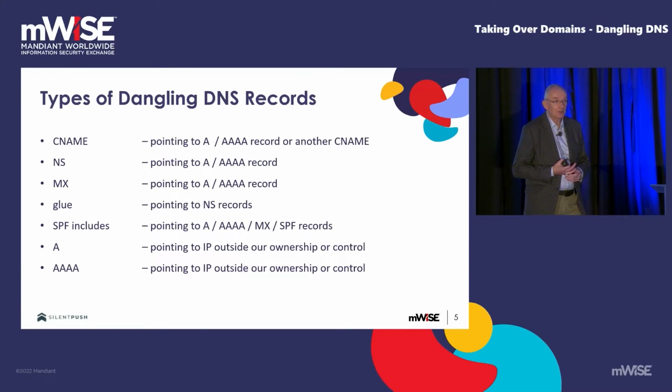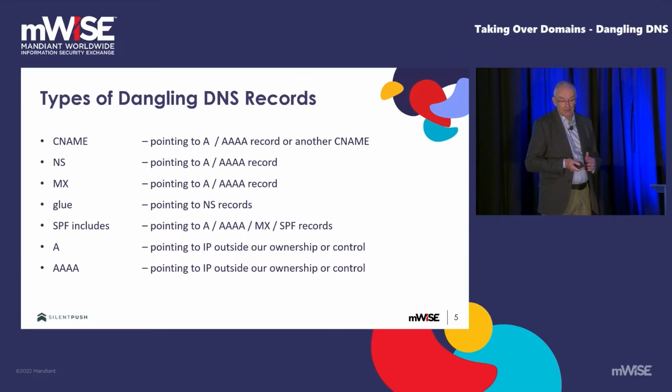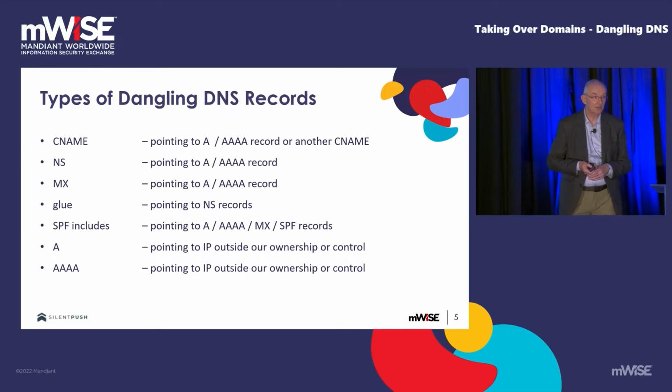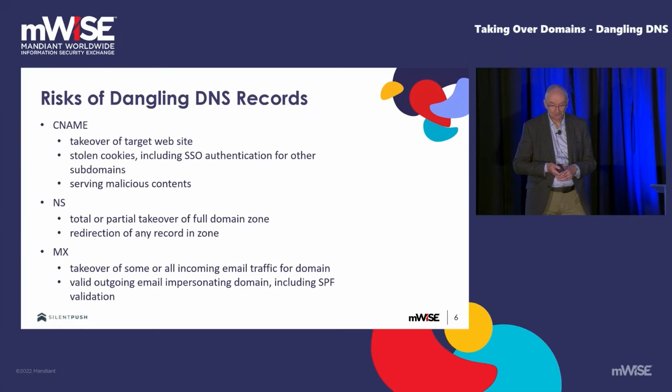So if you don't update your A record, it's now pointing to the previous IP. But someone else who's starting up VMs in that same cloud service could now be allocated that IP address, and so now your record points to a server that's under someone else's control. Again, in the rest of this talk, I'm going to be focusing on the first 3 or 4 of these record types and give you some examples of what we can do with those.